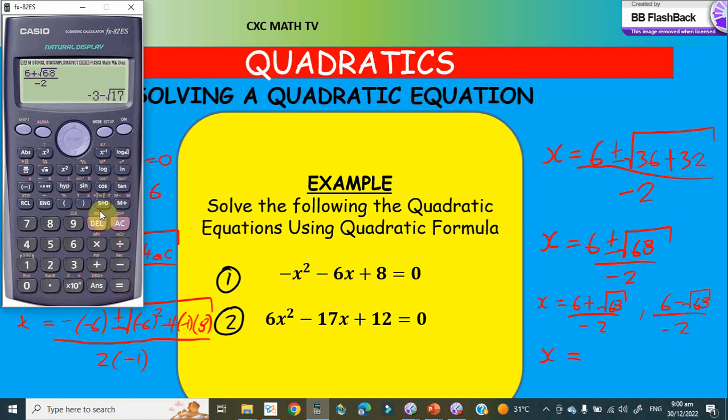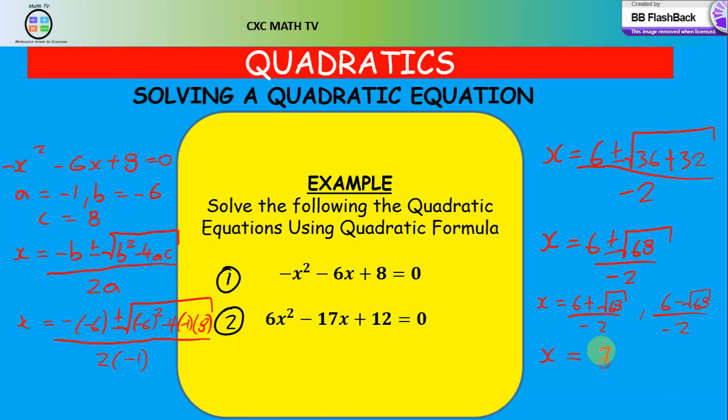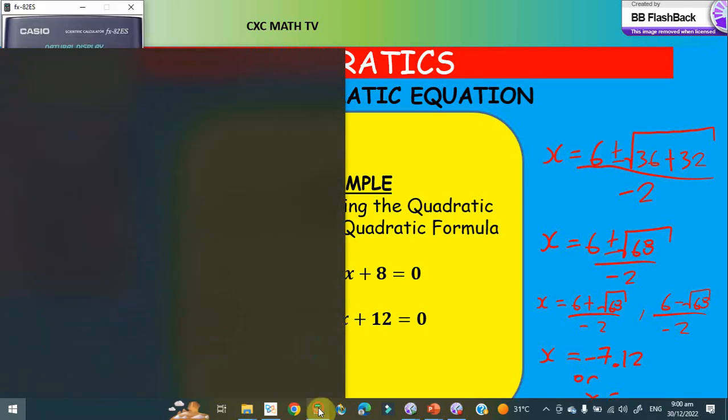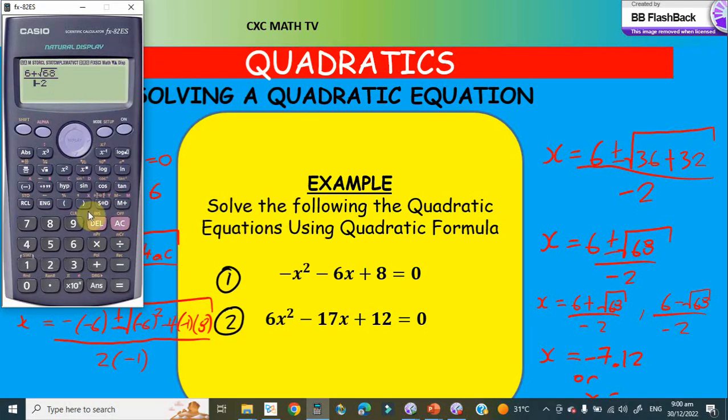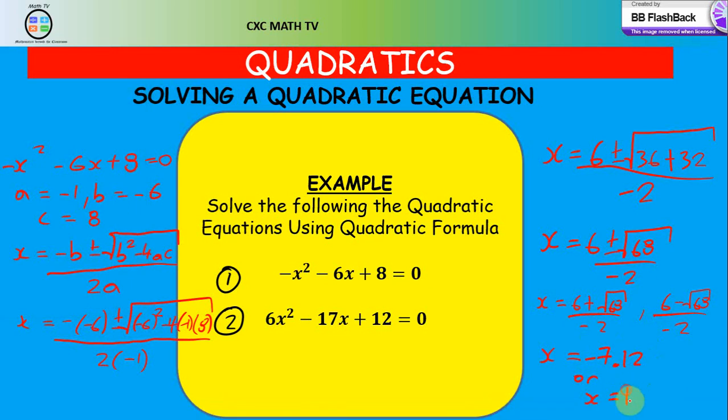We get that as our answer, negative 7.12, or x is equal to, put the next one in our calculator, change the plus to a minus, and we get 1.12. We get x equal to 1.12.